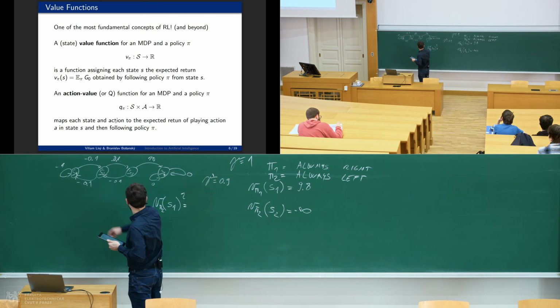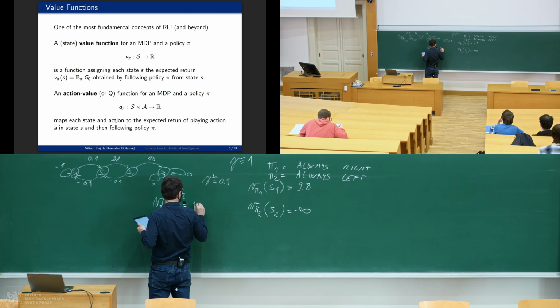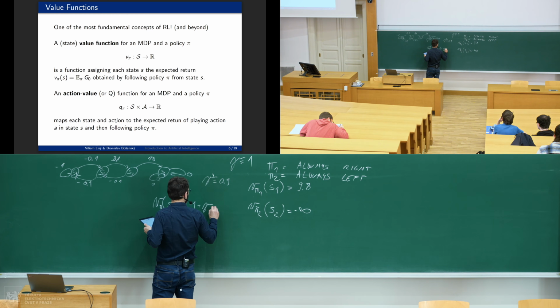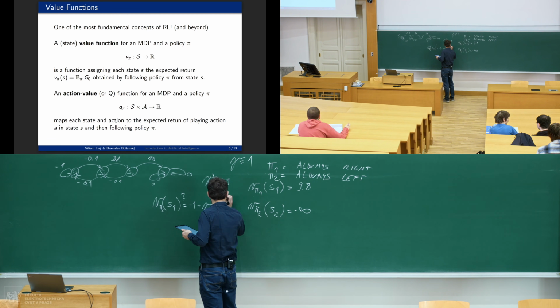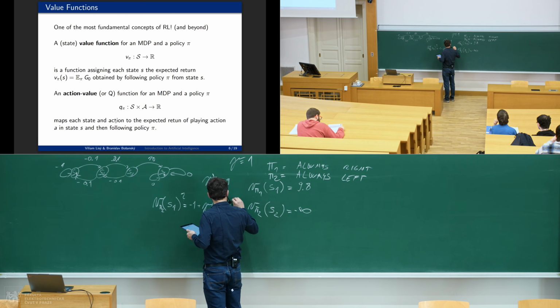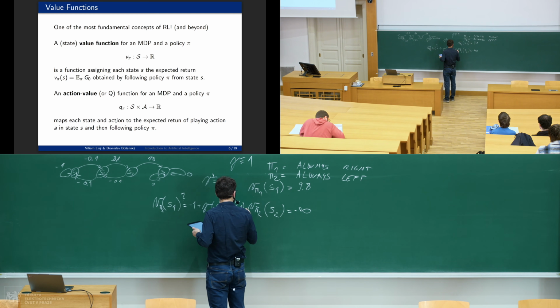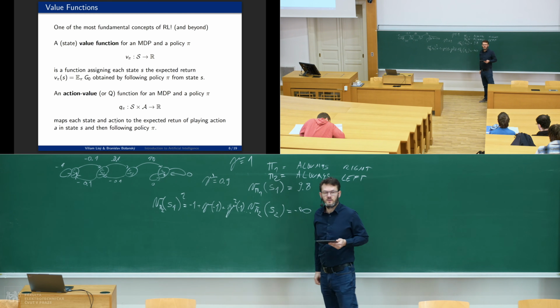So we'll get minus 1, right? Gamma times minus 1, gamma squared times minus 1, and so on.